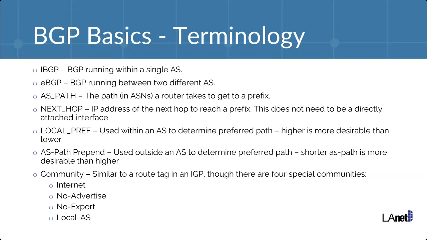While indeed it's identical to a route tag in terms of it's just a numerical value that we can tag into a route and then set a policy against that tag later on, or in this case, against that community later on. There are also 4 very special communities that only would apply to BGP, and that's the internet community, the no advertise community, the no export community, and the local AS community.